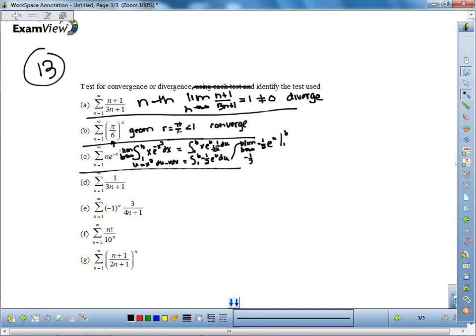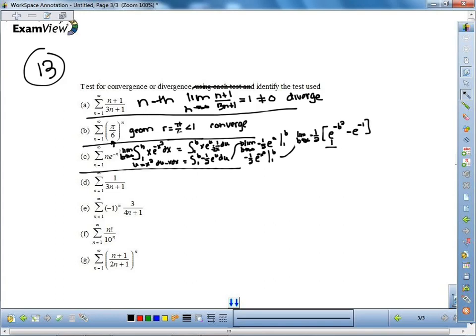So if I substitute u back, I get negative x squared from 1 to b. And remember, I have the limit as b goes to infinity. So if I substitute this, I get e to the negative b squared minus e to the negative 1.